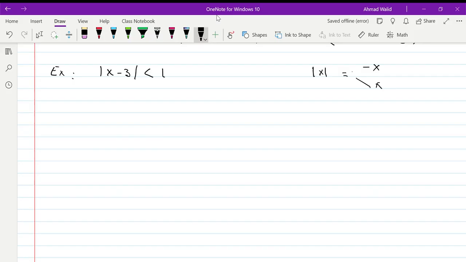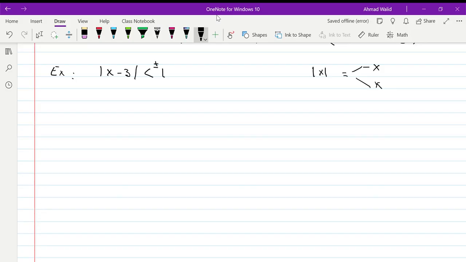The absolute value of negative x is also x, and the absolute value of x is also x, correct? It means, as I explained when we were dealing with equations, use the plus minus sign on the right side, correct?